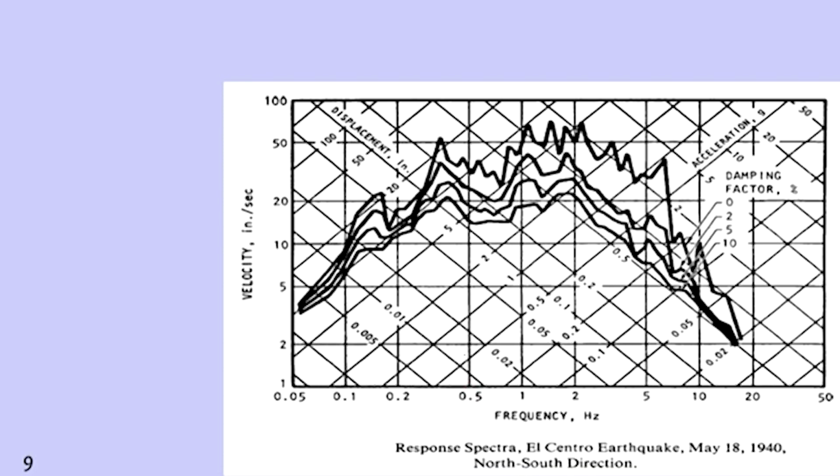Then we go directly to that, and here we have 4 plots, each corresponding to one damping value: damping 0, damping 2%, damping 5%, and damping 10%. Let us take 0 damping, which is the last curve. We go there, hit that curve, and then come directly here and read this one. Please note that this plot is in log scale.